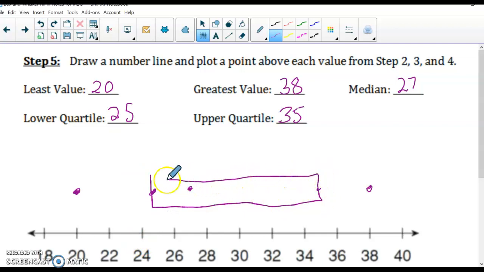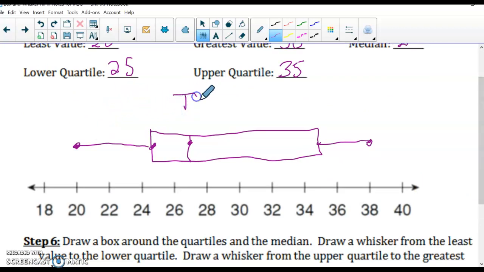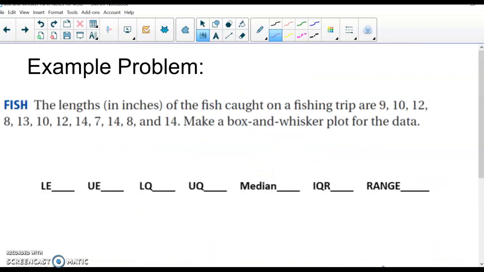Draw a line down there, and we whisker out to the extremes. And that would be our box and whisker plot. And then we would put a title up here. We weren't given a title for this data, but we would give you a data title.